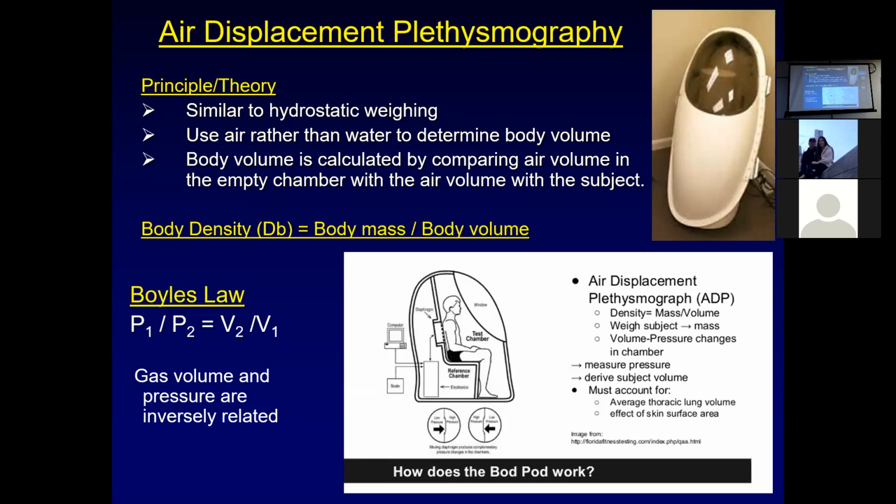That part doesn't change. We blow air at a known pressure across your body from one side, and then we measure the pressure on the other side. Since we know what that pressure is, we can calculate your body volume. So you sit in here, and it shoots air on you, and that's kind of it.